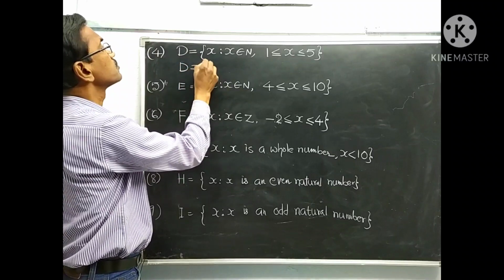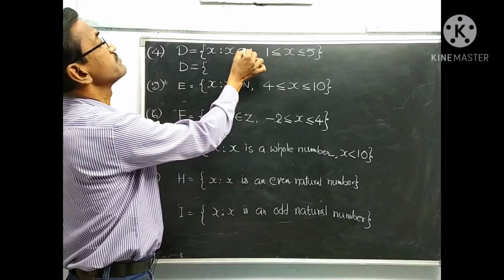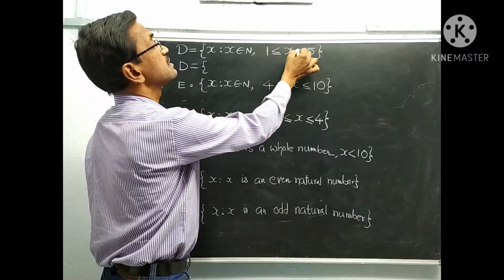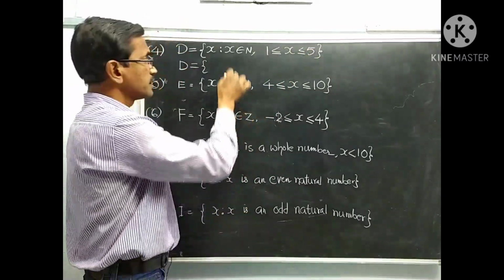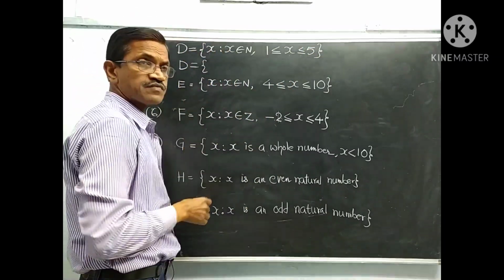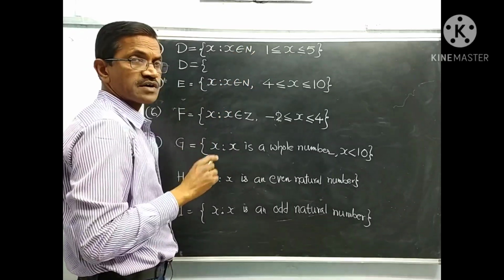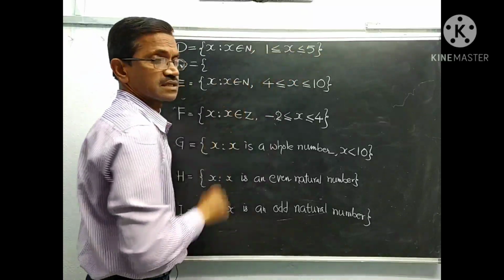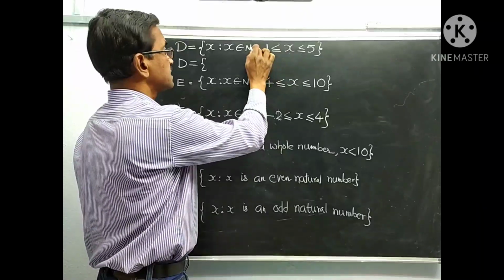D is equal to {x such that x belongs to N and 1 less than or equal to x less than or equal to 5}. Here we have to select elements from the natural number set, but we should not write all the elements because a limit is given here. What is the limit here?